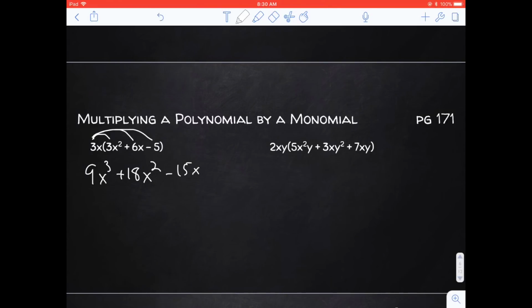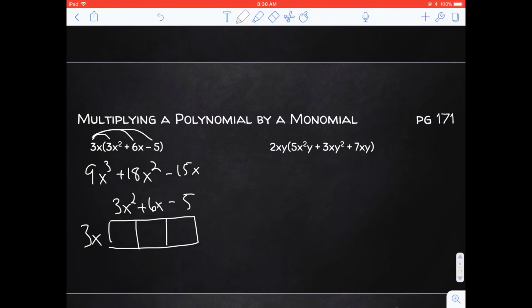Okay, now area model. We have 3x down one side, and 3x squared plus 6x minus 5. Drawing a rectangle, each plus or minus, I get a new box, and then we just multiply as we saw. That's 9x cubed, 18x squared, and then negative 15x.